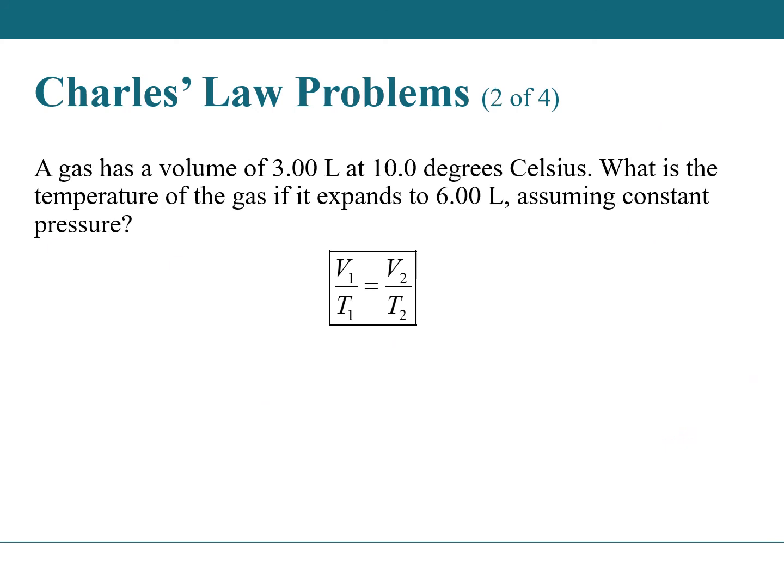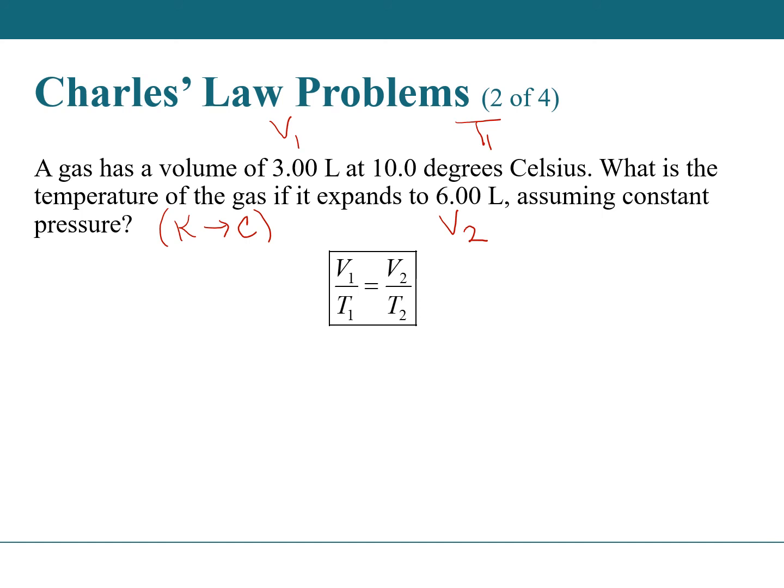Okay, so let's do another example. All right, gas has a volume of 3 liters at 10 degrees Celsius. That's V1, that's T1. What is the temperature of the gas if it expands to 6 liters? So this is V2. We're going to solve for Kelvin, and then we're going to convert that into Celsius.